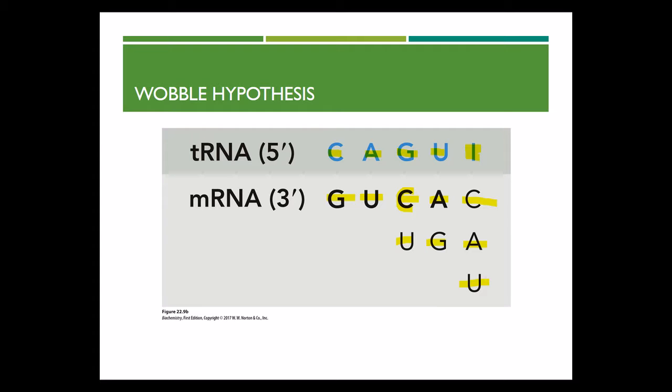Let's look at a couple of examples. The anticodon for alanine transfer RNA is IGC, when we are reading it from 5 prime to 3 prime.